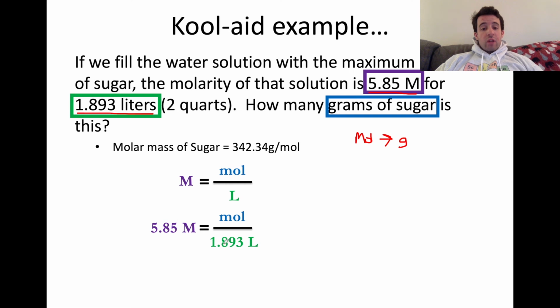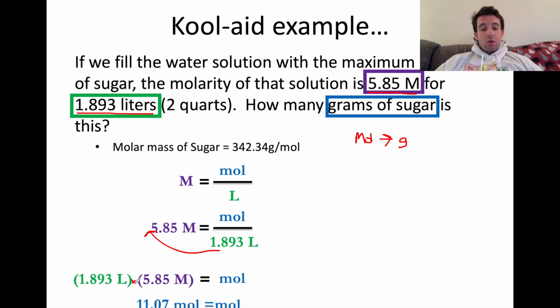Okay, so I've laid out big capital M in purple and liters in green. In order to solve this problem, you're going to want to isolate that mole variable. So we're going to move liters over, and then multiply these two numbers. When we do that, we get 11.07 moles as our blue mole value.